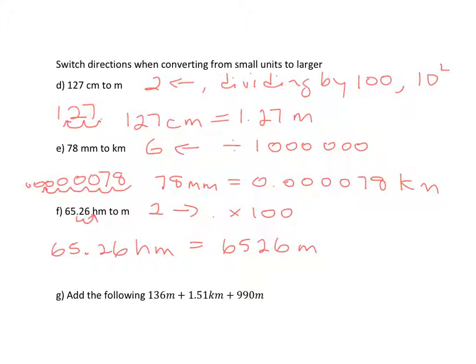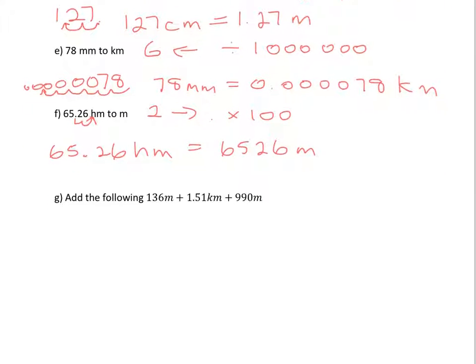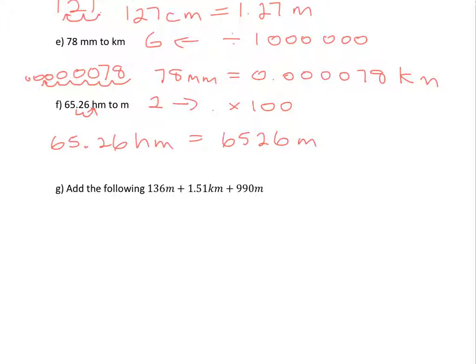Question G is asking us to add some measurements together, and notice that they aren't all in the same units. We've got meters, kilometers, and meters. So it's important to convert them all to the same units first. So let's convert the one that's different, the 1.5 kilometers, to meters.